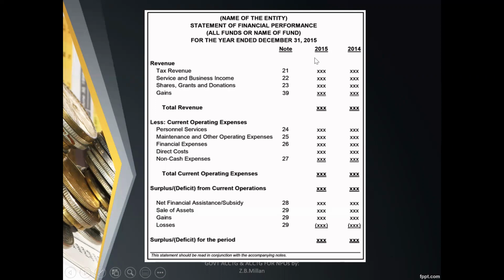So what you will present here are the totals. As to the details of the components of the total, it shall be presented as a schedule in the notes to your financial statement. So these are the notes. And then what you will have at the end of a particular year is either a surplus or a deficit.